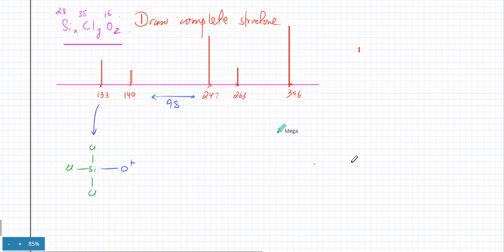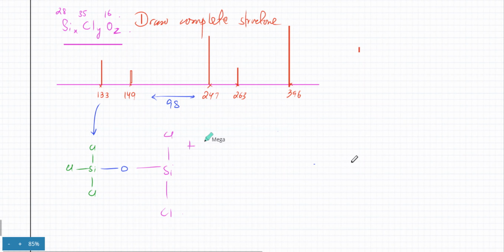What is 98? 98 is very similar to 133. Sir, 2 chlorine and 1 silicon. Okay, so 2 chlorine and 1 Si. So the bigger chunk would be this thing: 1 silicon and 2 Cls, and the whole thing would have a +1 charge.